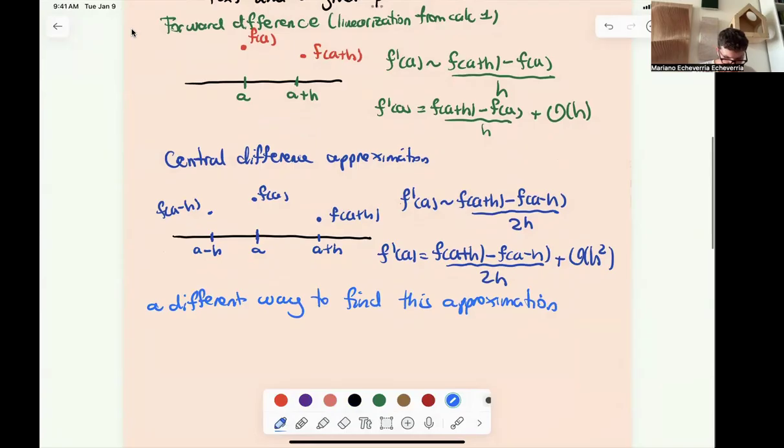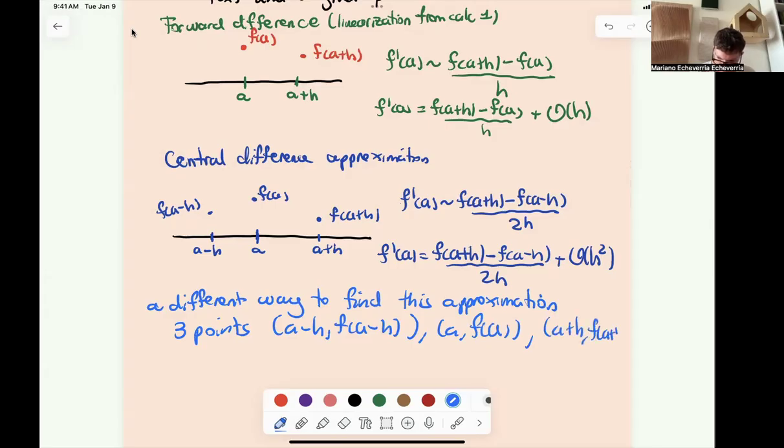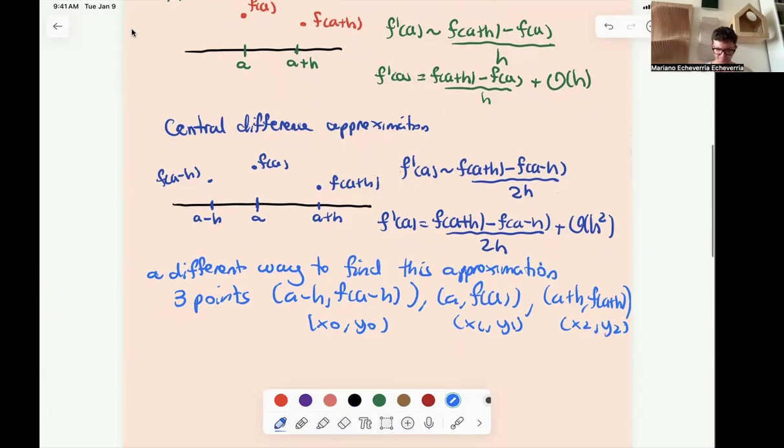So you have 3 points: a minus h, f of a minus h; a, f of a; and a plus h, f of a plus h. In the notation of the first exam, this is what we called x0, y0, x1, y1, and x2, y2.